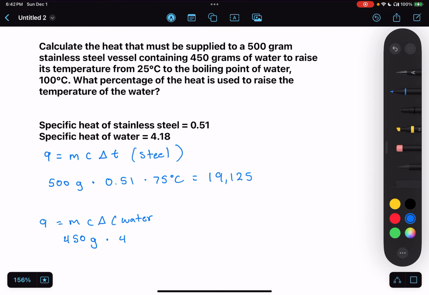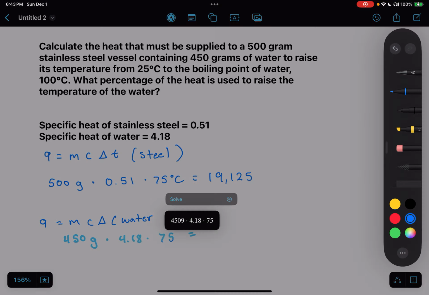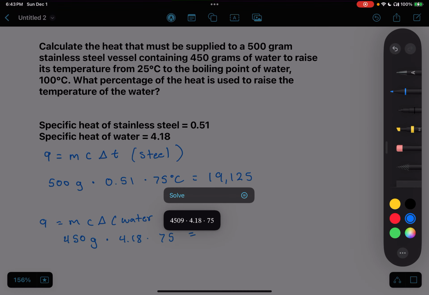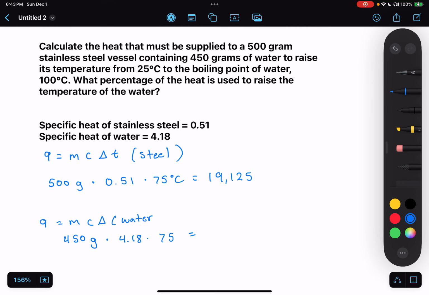Specific heat is 4.18. And then the temperature change is going to be the same, 75 degrees Celsius. So same as last time, 450 times 4.18 times 75 is going to be 141,075.